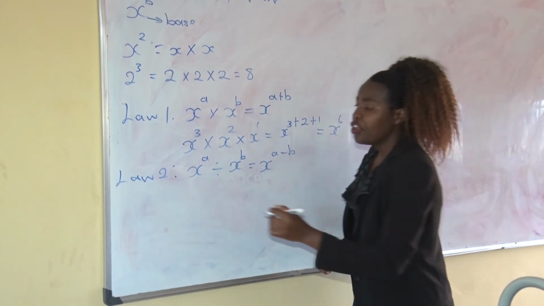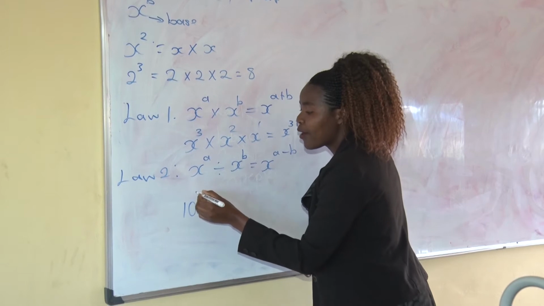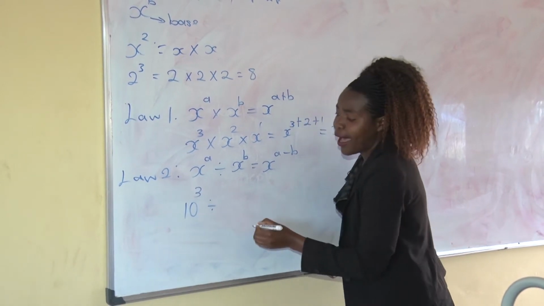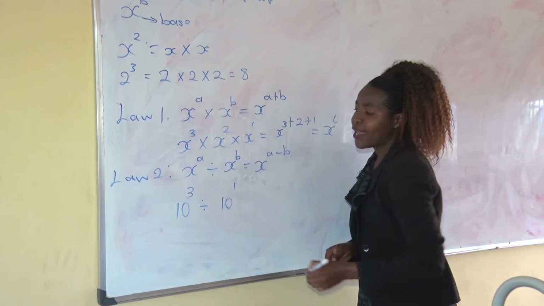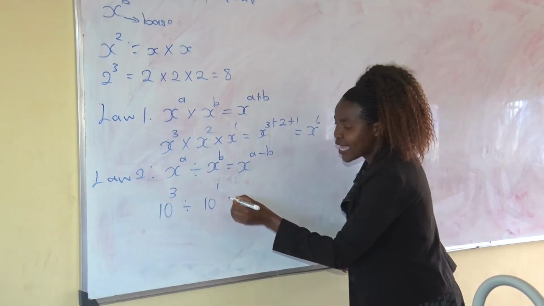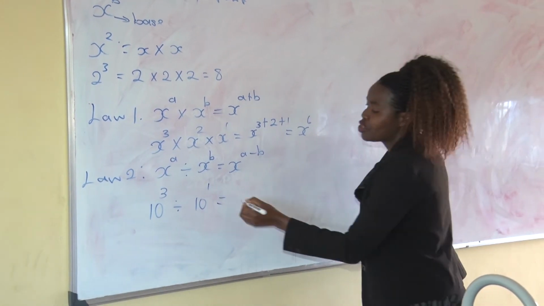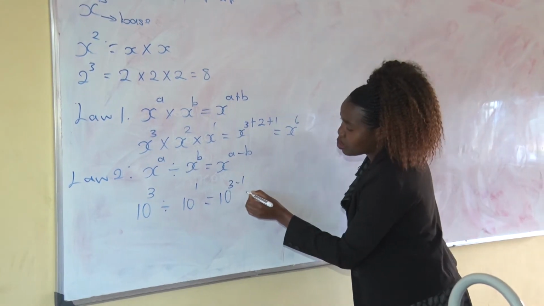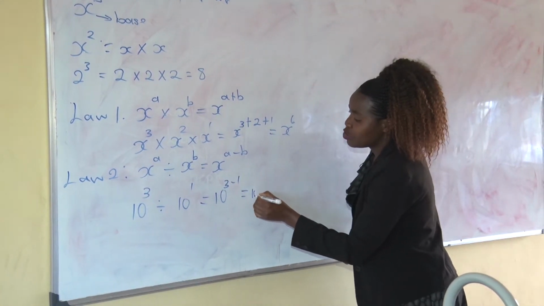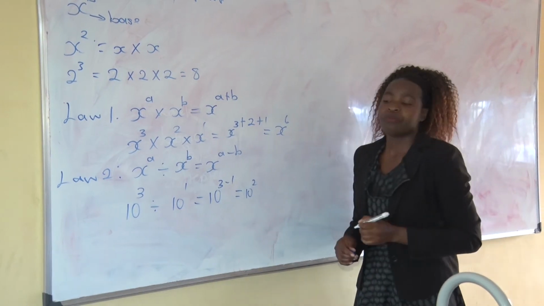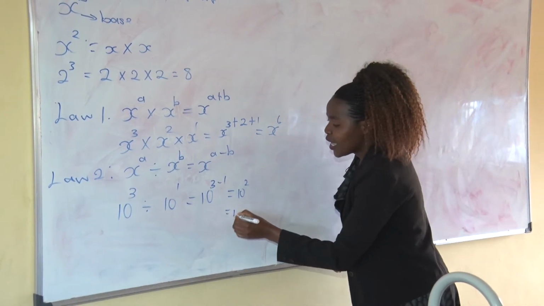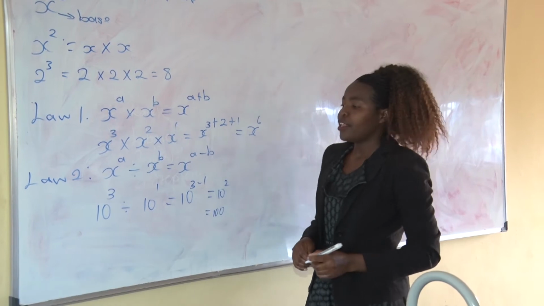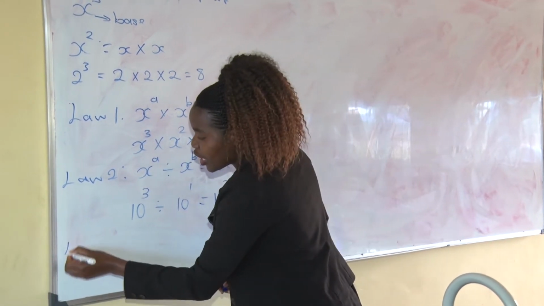For example, you can have 10 to the power 3 divided by 10 to the power 1. So you simply return the base. Our base here is 10. So you return the base and subtract the powers. So here our answer is 10 to the power 2. And 10 to the power 2 is 100. Let's move on to law number 3.